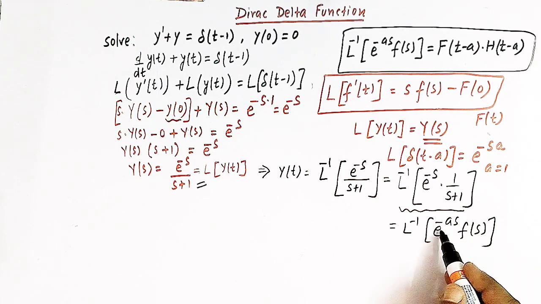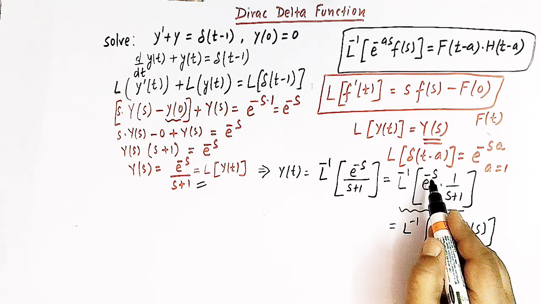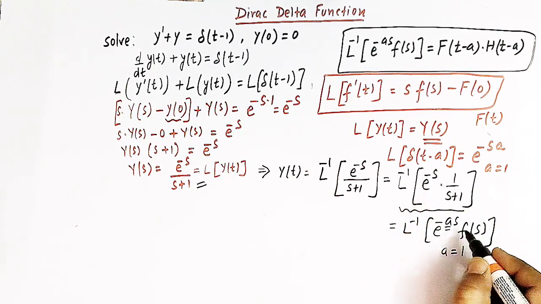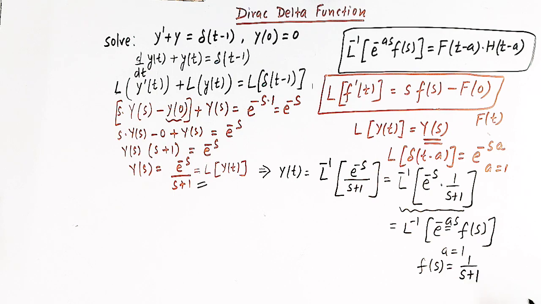If we compare these two expressions, then the value of a is 1, and f of s is given by 1 over s plus 1.